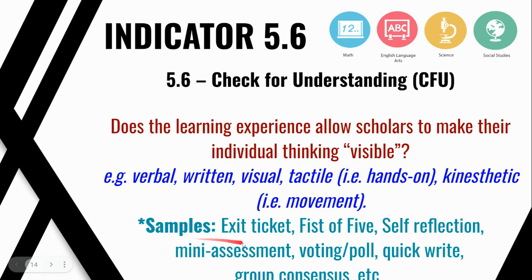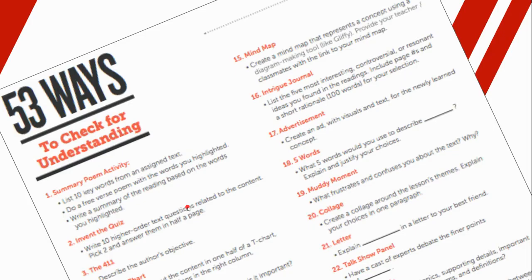Some samples or examples may include exit tickets, fist to five, a self-reflection, mini assessments, voting, polls, quick writes, and even some group consensus. So some discussions and questioning. Here's a resource. There's 53 ways that you can check for understanding, and there's a whole list.